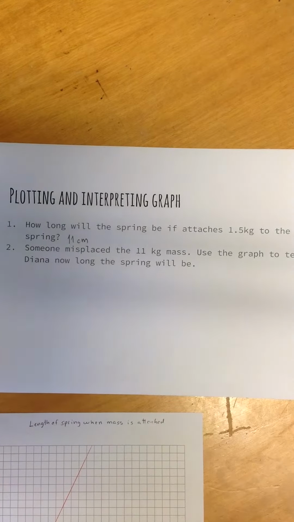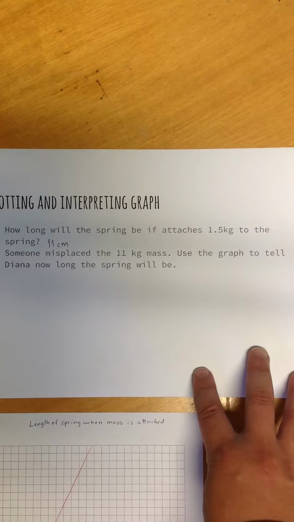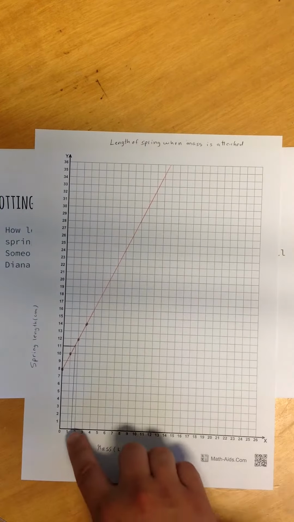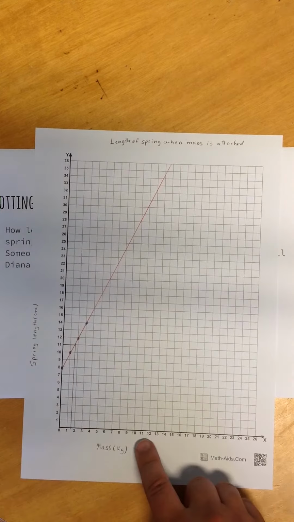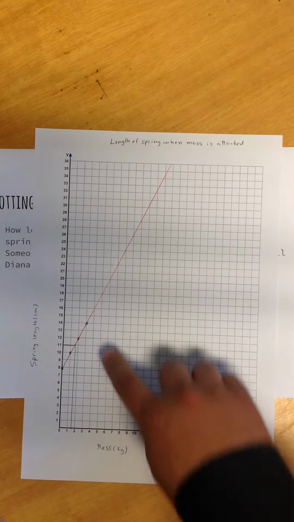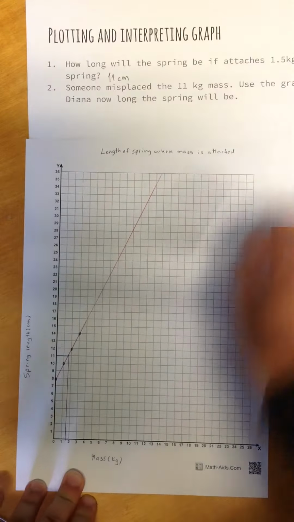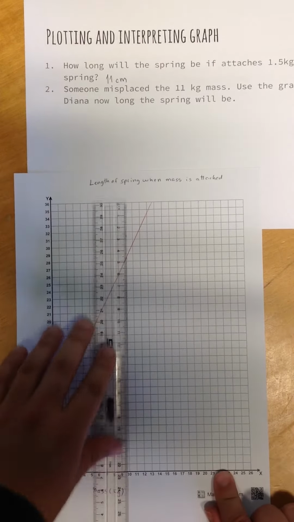Next one, someone misplaced the 11 kilogram mass. Use the graph to tell Diana how long the spring will be. In the first question, we had points in between. But look at 11. 11 is a bit off. But this is where extending the line makes it very useful. We call that extrapolate. So we can make a prediction. You don't have to be right. It's just a prediction.